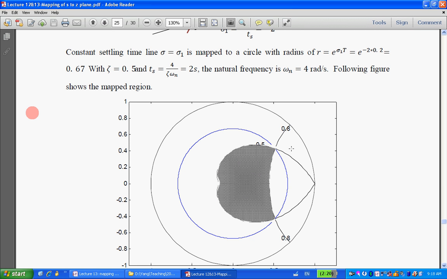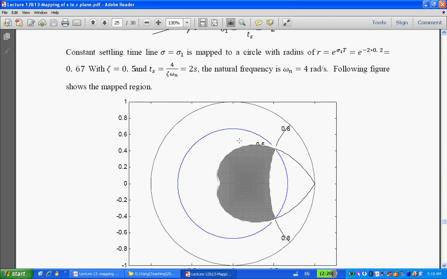And we need natural frequency to be greater than 4, so we need it to be on this side of this curve here. Altogether, you have this shaded area, and that's the location where you can pick a pole to satisfy the design specification.